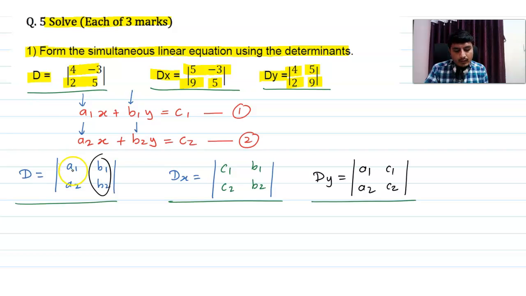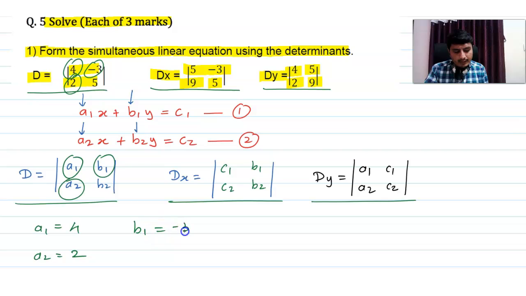Let's compare D with the standard form a1 b1 a2 b2. We get a1 is 4, a2 is 2, b1 is minus 3, and b2 is 5.